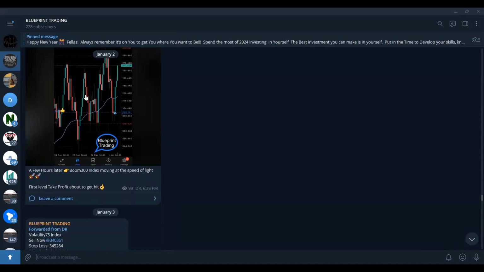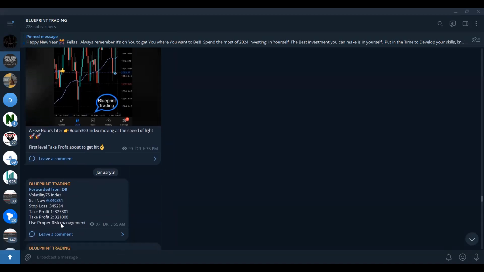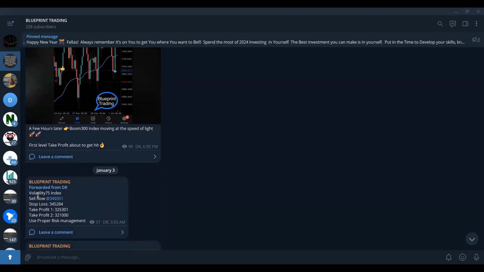So once you get on groups where you are given trade signals, looking at this very signal right about here that was sent out from January 3rd, assuming you want to take this trade from this signal and you want to risk what? You have $100 and you want to risk $10 on this very trade. What would you then do?